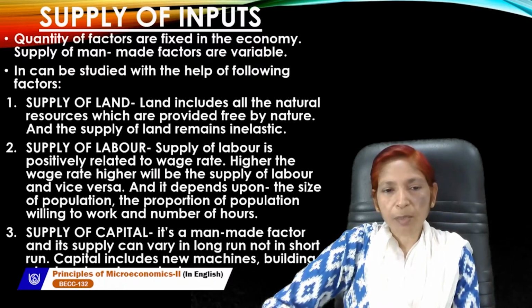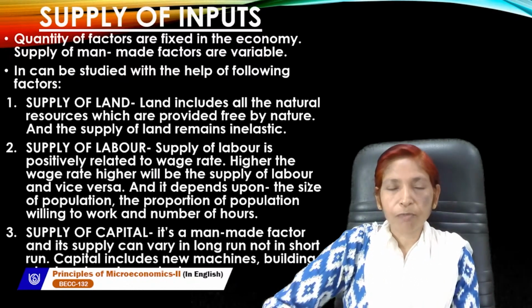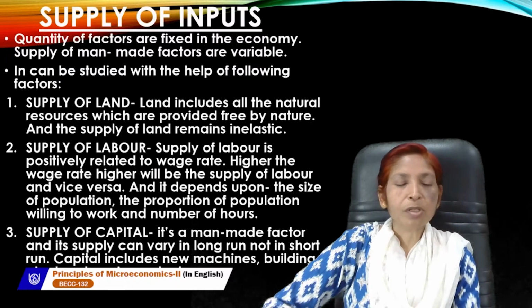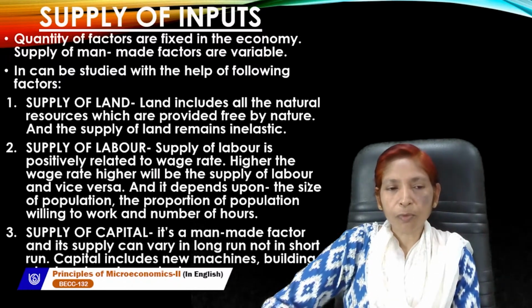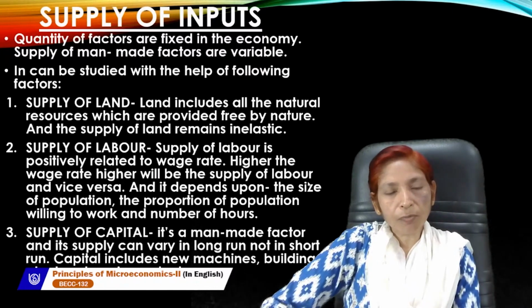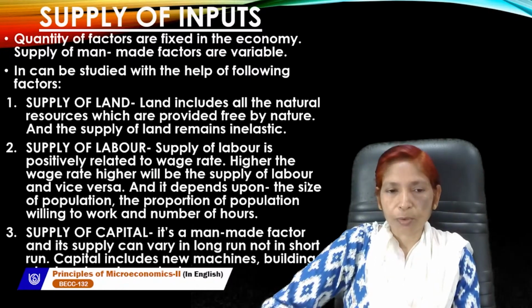So supply of labor is directly related with population size and wage rate, because people are also willing to work at a higher wage rate. If you get a higher wage rate, you will supply more labor.